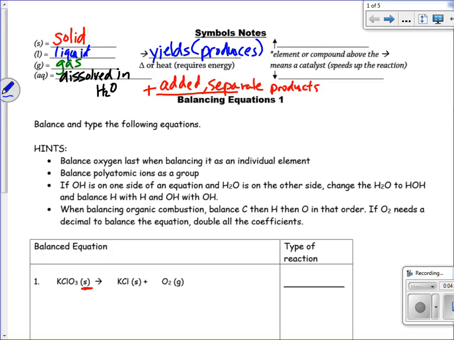Now, an up arrow like that next to a compound. On the right-hand side of a compound, you might see a little up arrow. What might that signify? Something floating up in the air? And what could be floating up in the air?